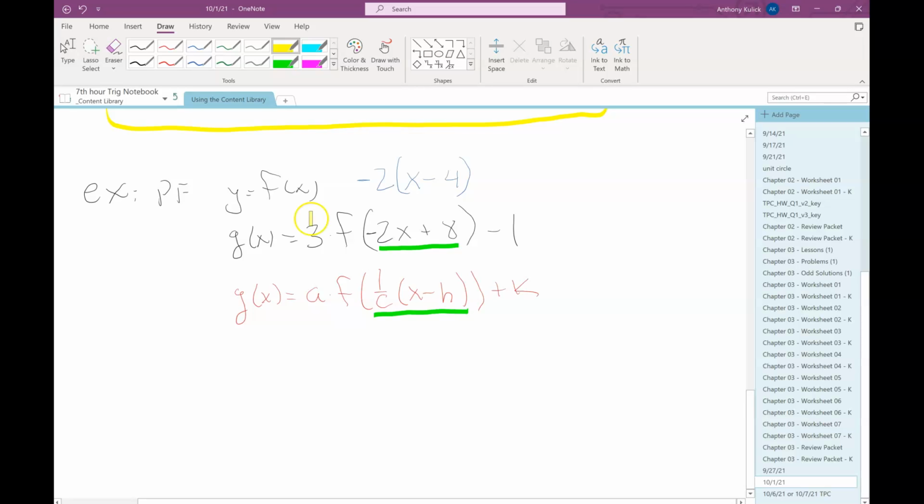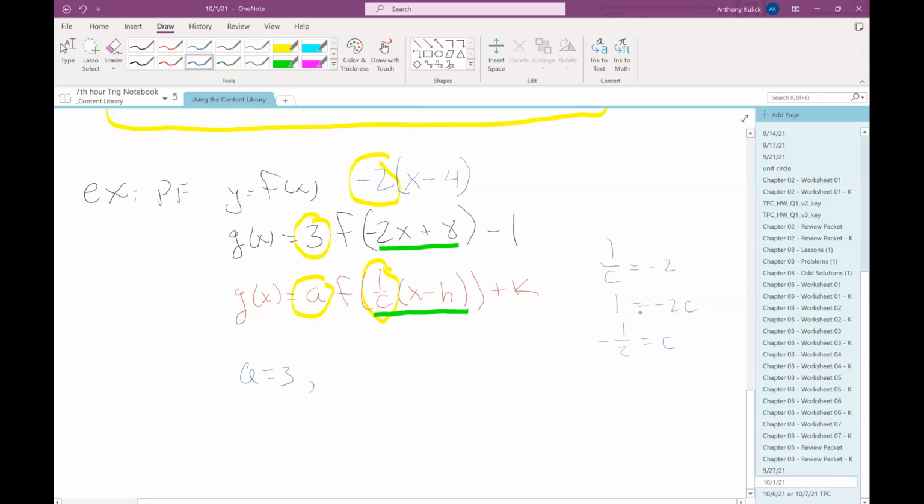Okay, so I can see that the A value has to be 3. Everybody okay with that? I can see that 1 over C is -2. So if 1 over C is equal to -2, I can multiply both sides by C and then divide both sides by -2.